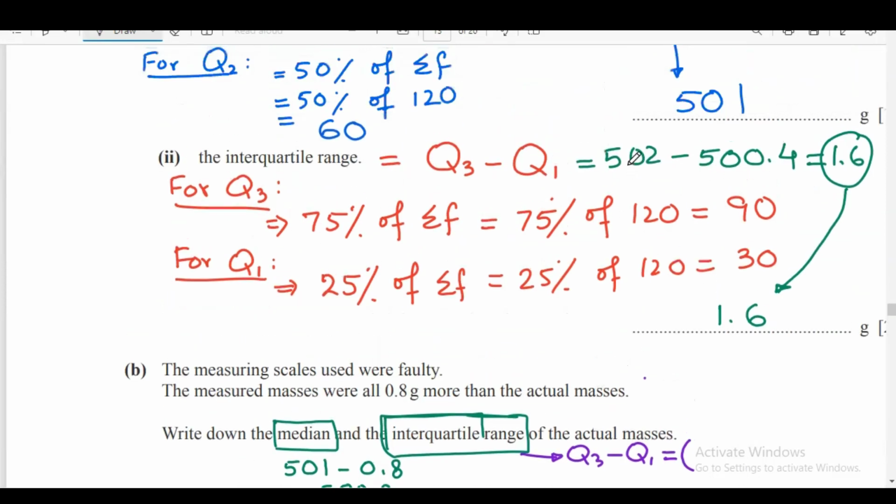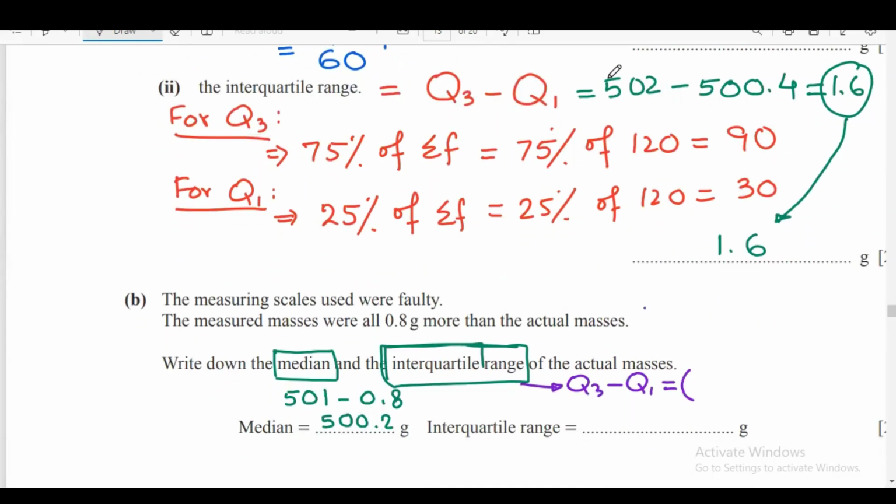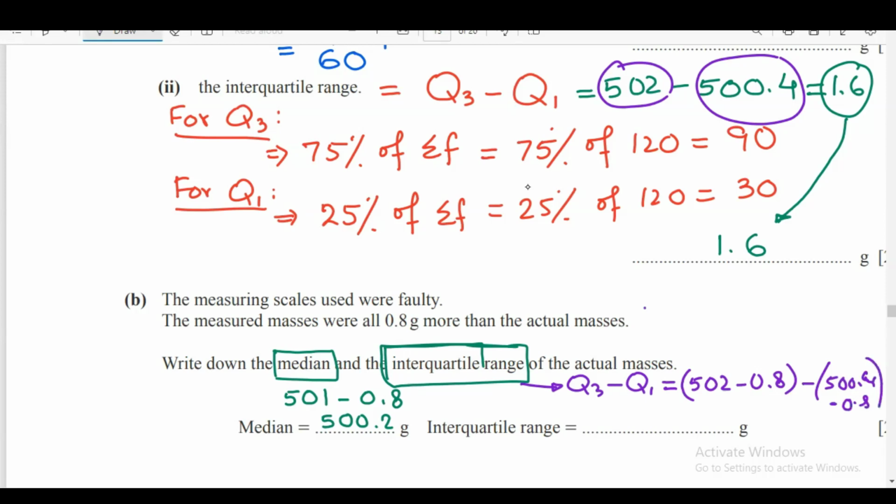So Q3 was 502 minus 0.8, and Q1 was 500.4 minus 0.8. After simplifying these values, we get 1.6. So the actual interquartile range is 1.6 here.